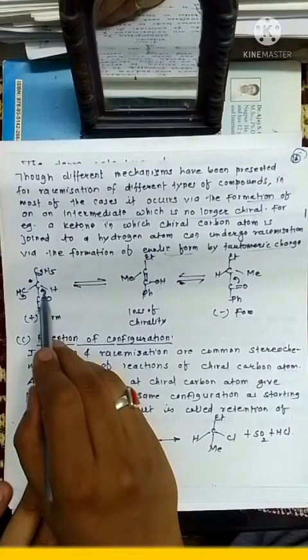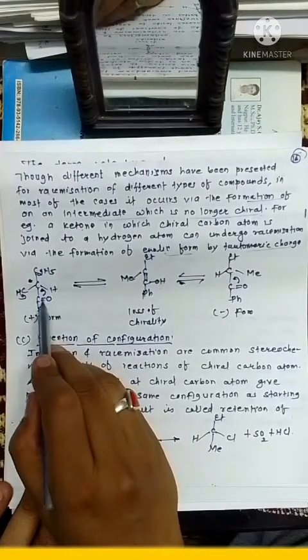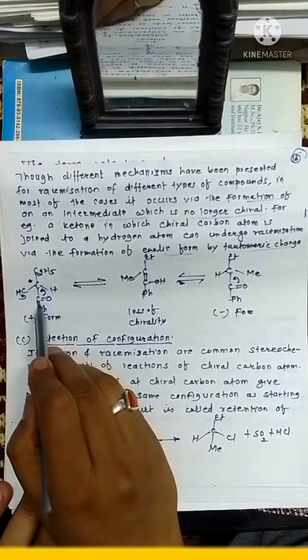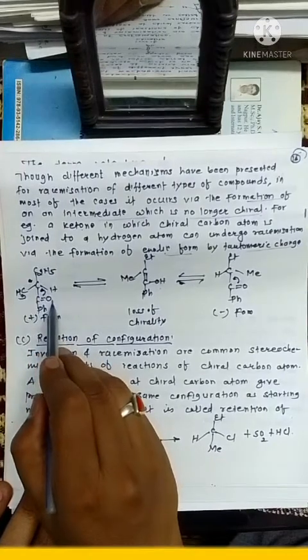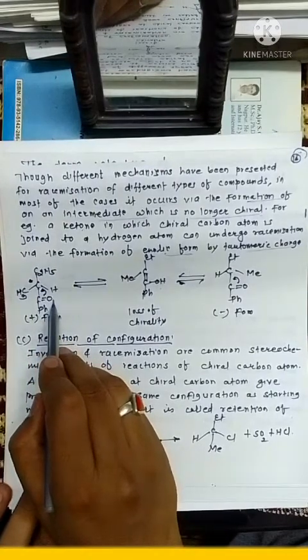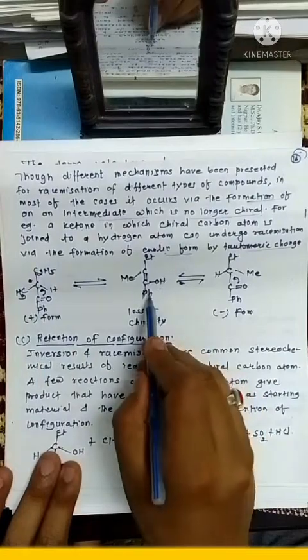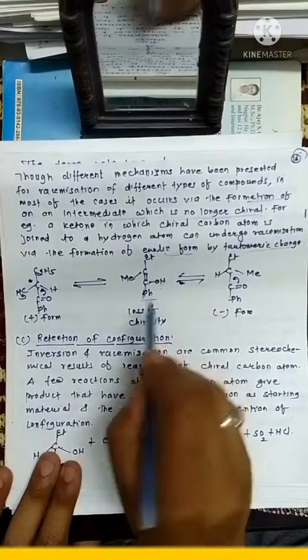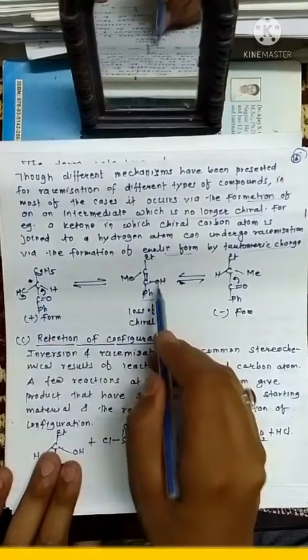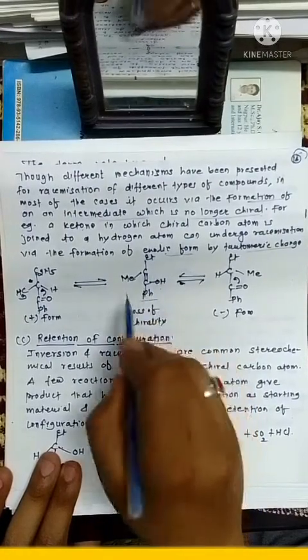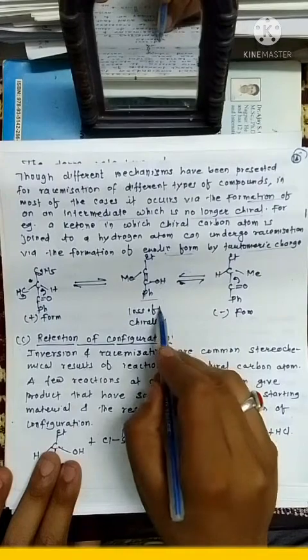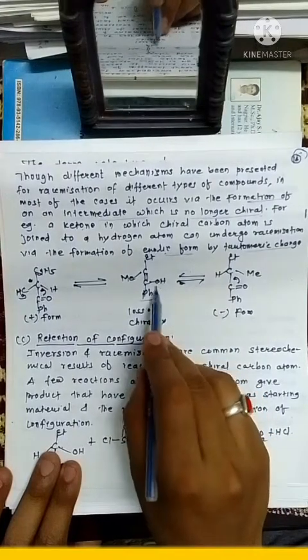One can easily shift the double bond between this carbon and oxygen to between this carbon and carbon. Because of that, this hydrogen is easily shifted onto this oxygen. Now just see, this enolic form of this ketone doesn't have any chiral carbon. That's why it is the loss of chirality.